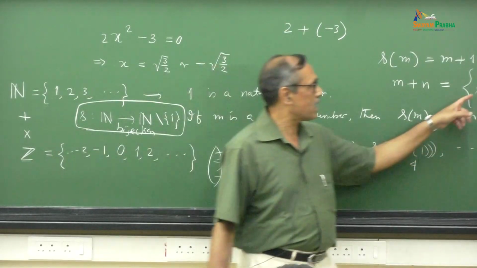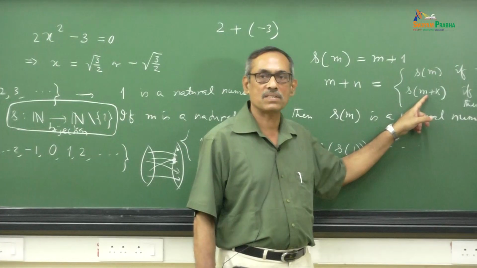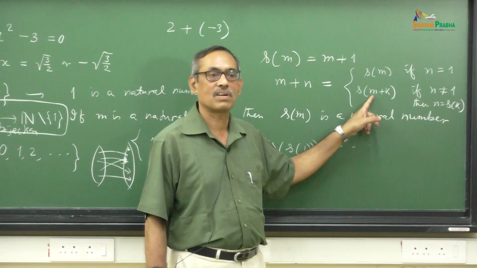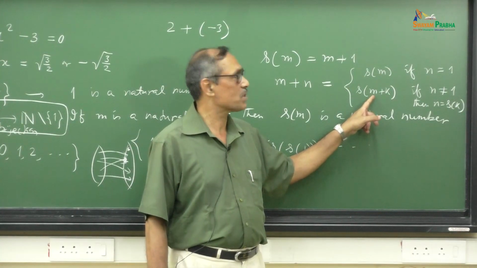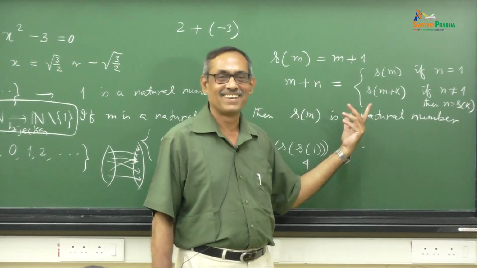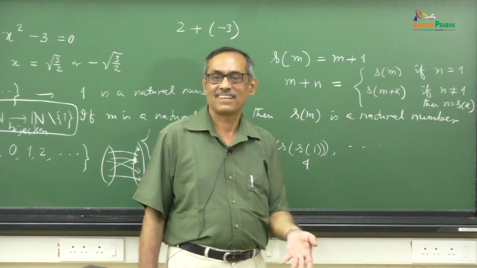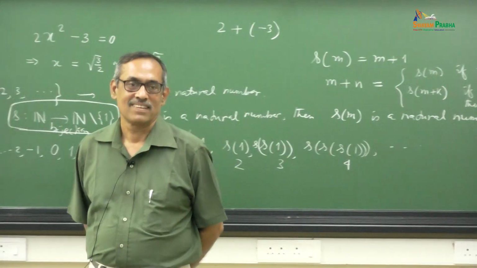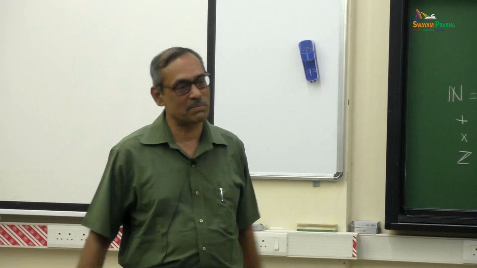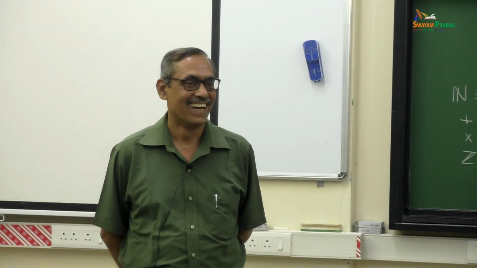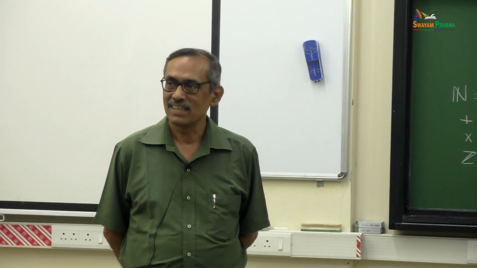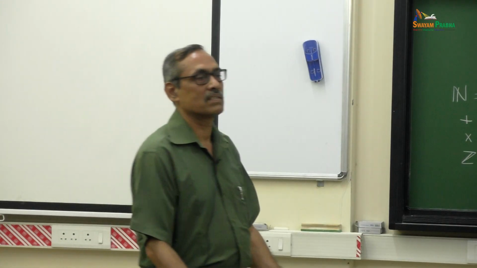I know how to define m plus 3, so from there I define m plus 4, because once you know for 1, you know for 2 using this, again you know for 3 and so on. So we keep on repeating this operation as many times as required. This is the way we define plus in natural numbers.